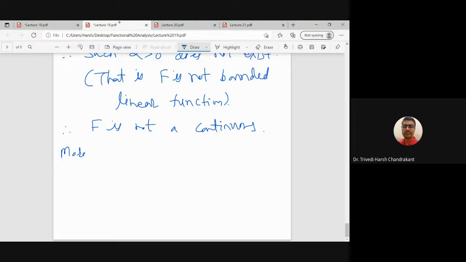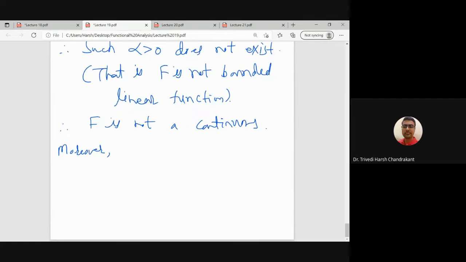Moreover, first of all, let us talk about the range of the function. y is a function in the range if and only if there exists x in C^1[0,1] such that F of x is y. Right.